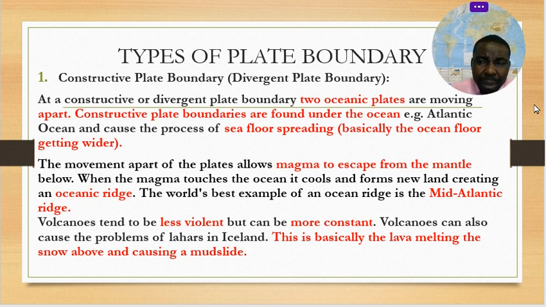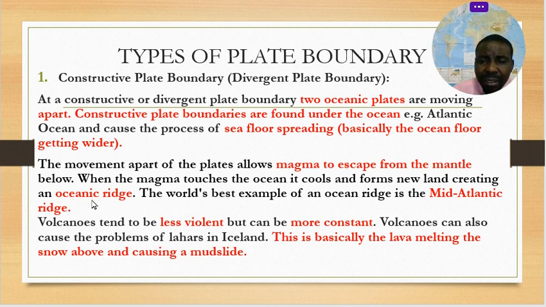Now, as this magma escapes and touches the water, it cools and solidifies. And as this occurs consistently, then oceanic ridge is formed, because consistent accumulation and solidification of magma will pile up and form what is called oceanic ridge, as you can see here.